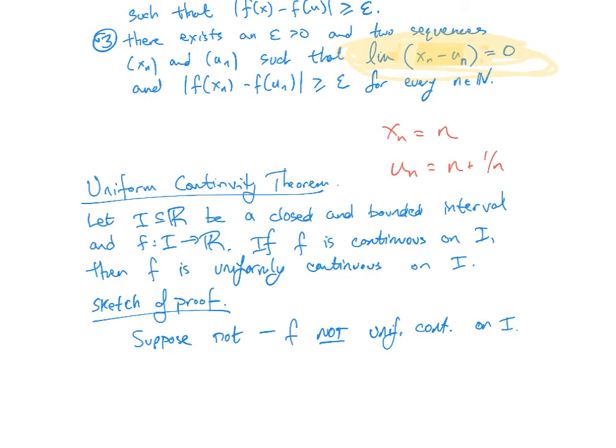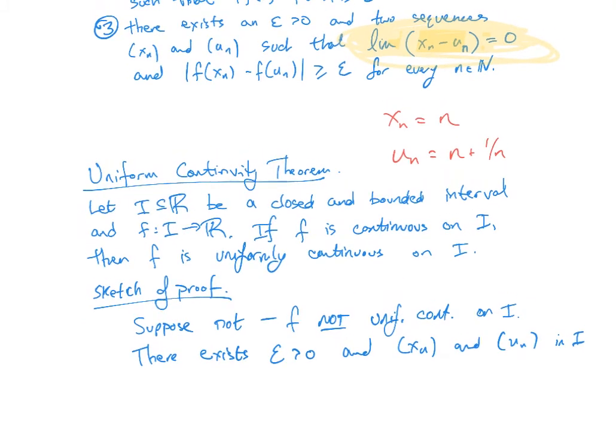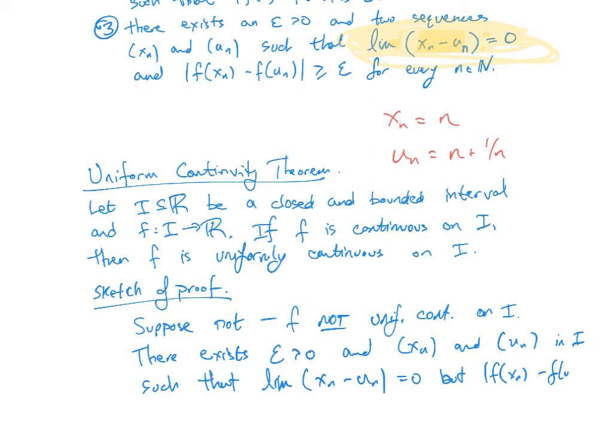So, there exists an epsilon greater than 0 and these two sequences, xn and un, in I, that's key, such that the limit of their differences is 0, but the function values remain at least epsilon apart.